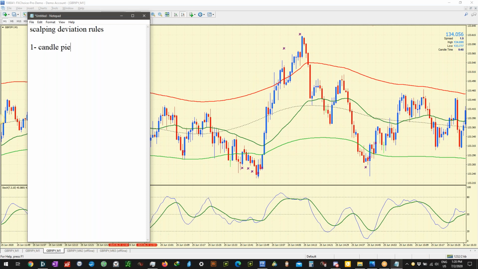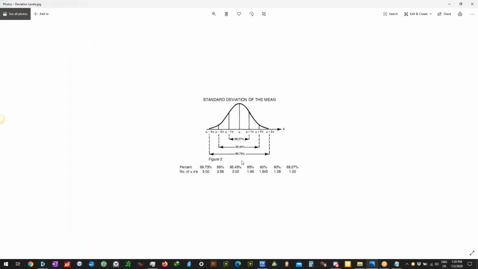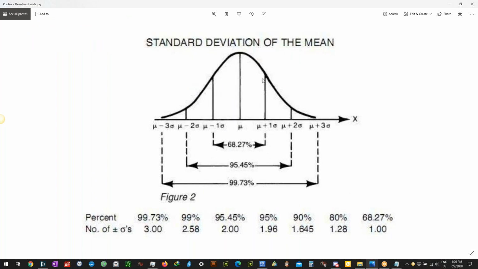Candle pierces channel, either here at the bottom or at the top. And because we know that the price lives within the channel, when you go way beyond the bands and you have an X showing up in the chart, you know it's going to come down. So that's what you're doing.